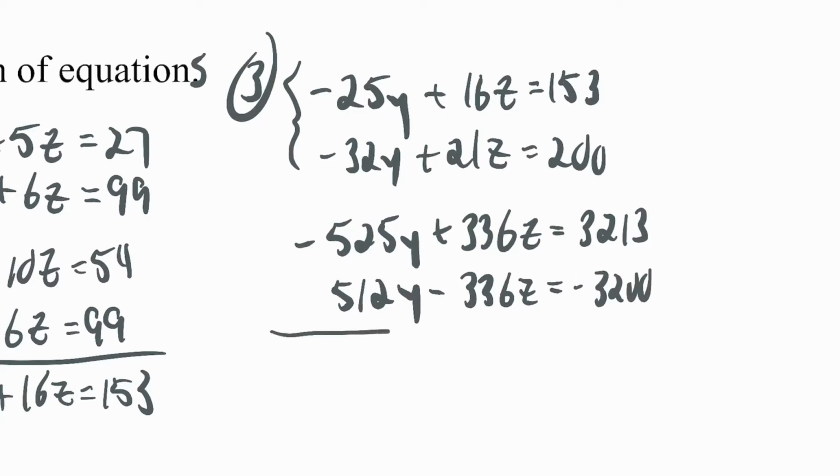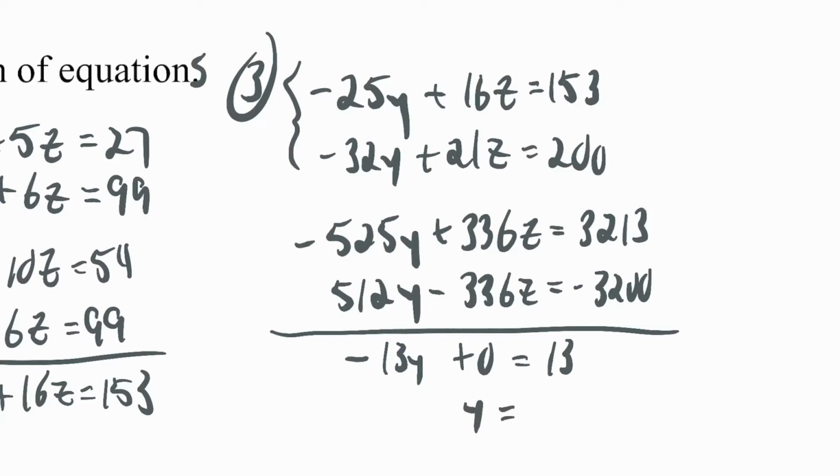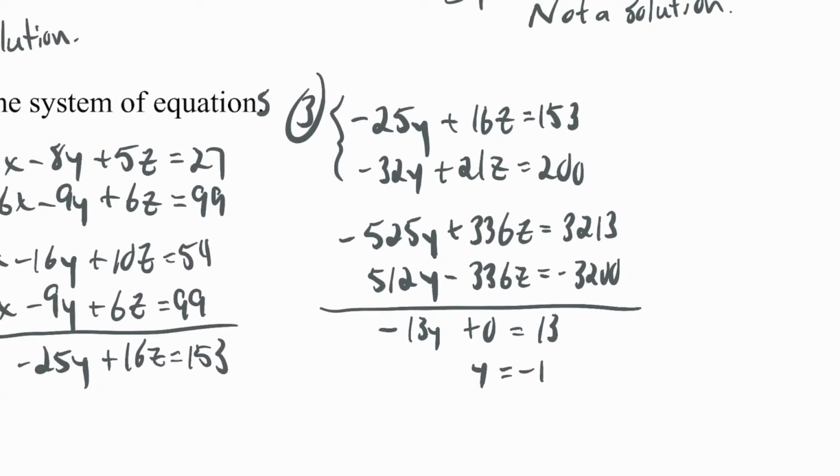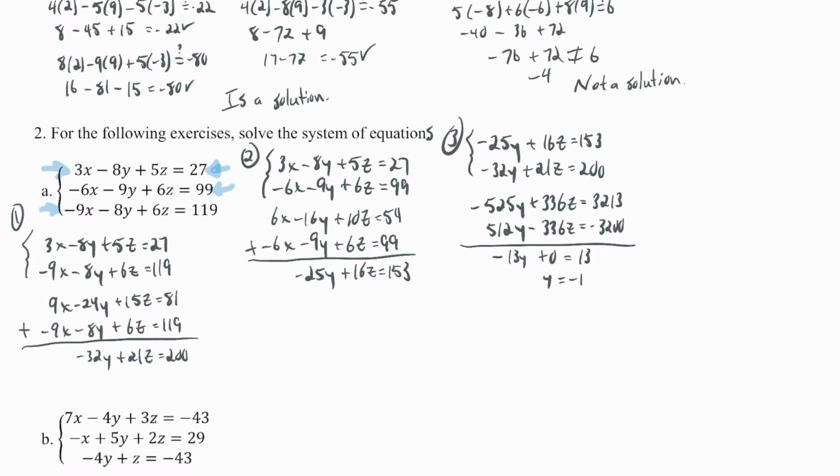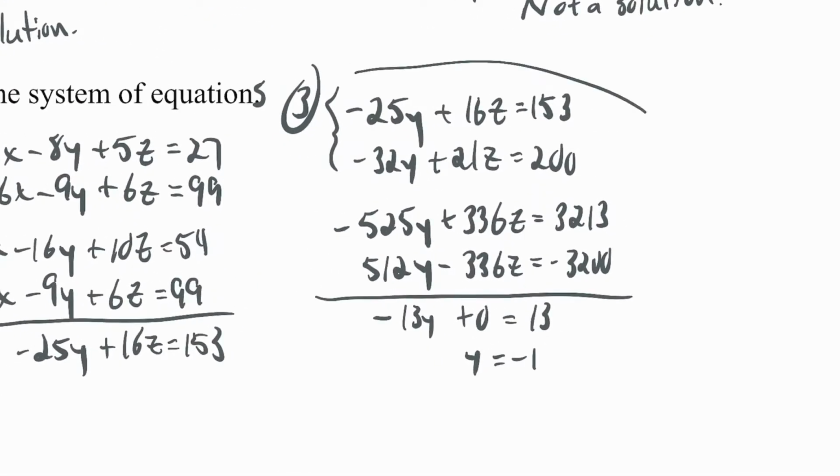Okay. So when I add these together, I get negative 13y plus 0 equals 13. Okay, so I'll get y equals -1 if I divide by -13 on both sides. Okay, so I got a nice convenient number for y. So now I can get a number for z, and I can pick either of these equations to get a number for z.